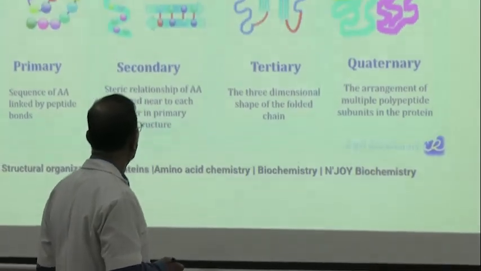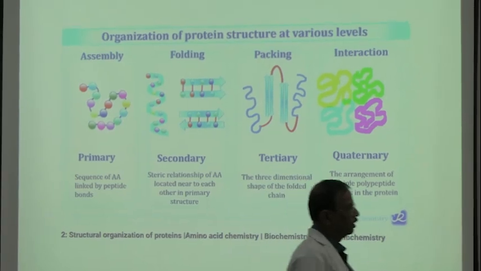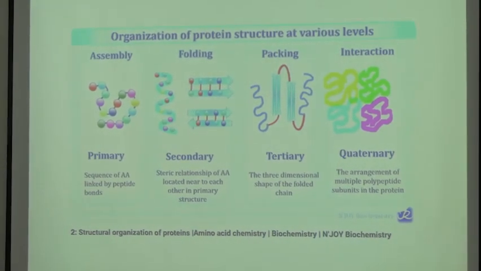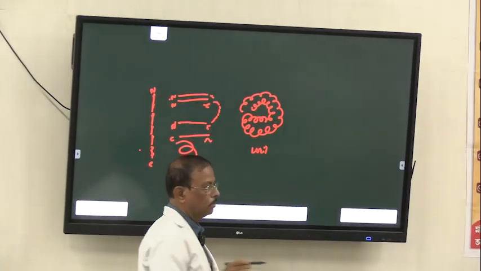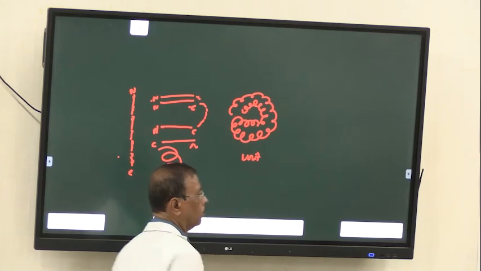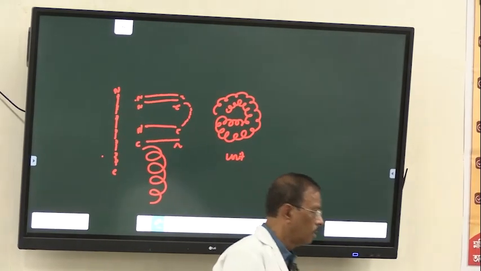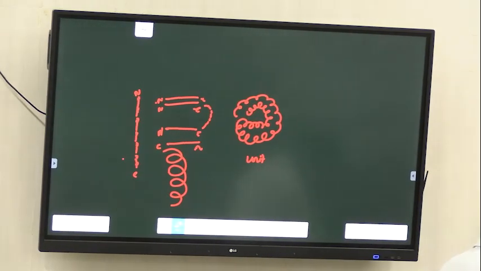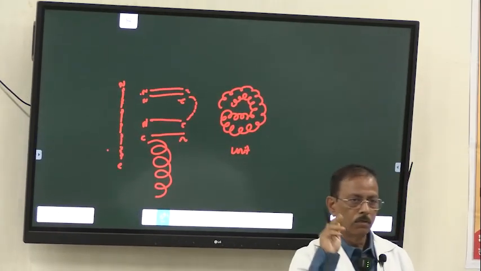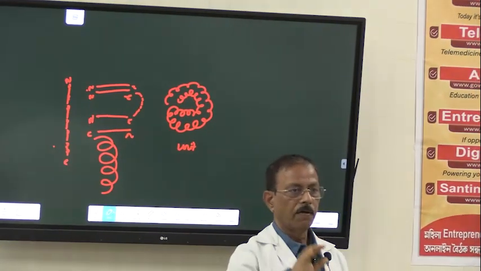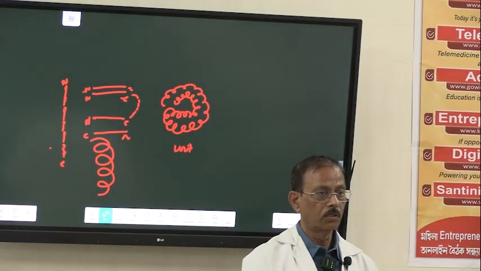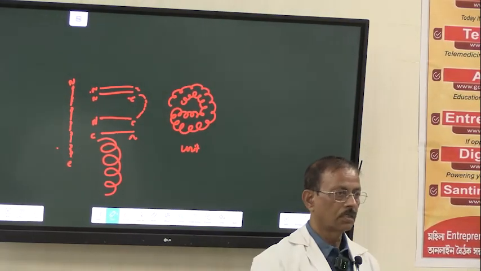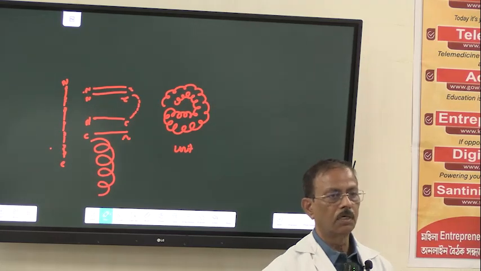Quaternary structure. Now this is called a unit or subunit. So to become functional, some proteins will have 2 subunits, some will have 4 subunits.